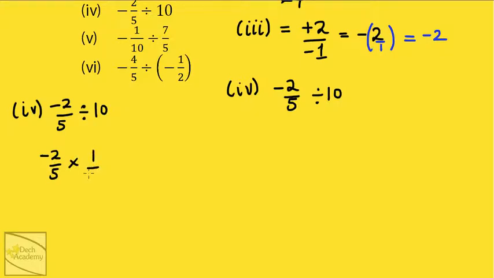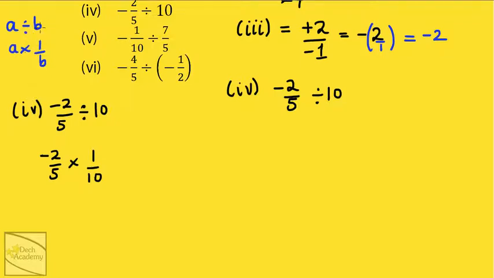10. So in case you can't remember why, a divided by b is the same thing as a times 1 over b. So a divided by b is the same thing as a times the reciprocal of b.